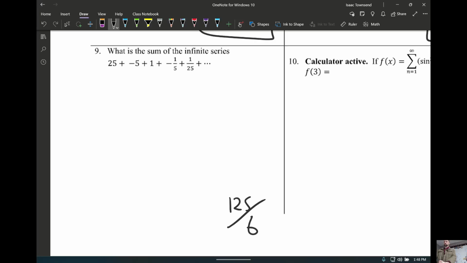Okay. All right. Did you all get 125/6? Okay. If you did not, I would be happy to work it out for you, but you need to tell me. Does anybody need to see number 9 worked out?